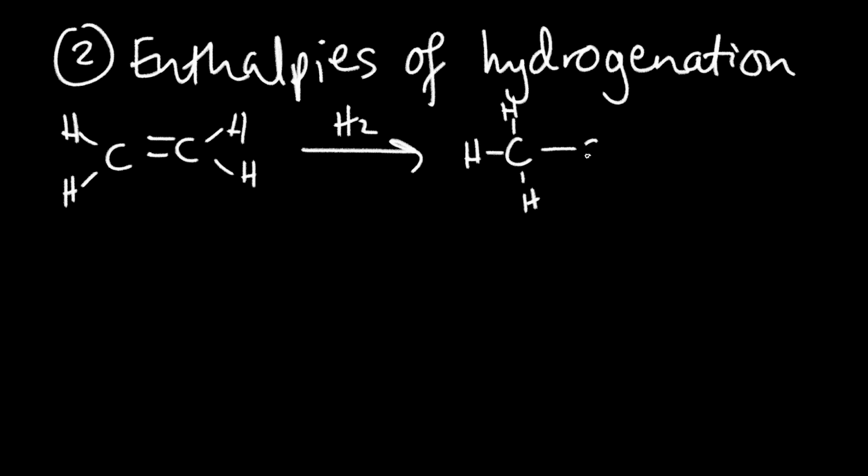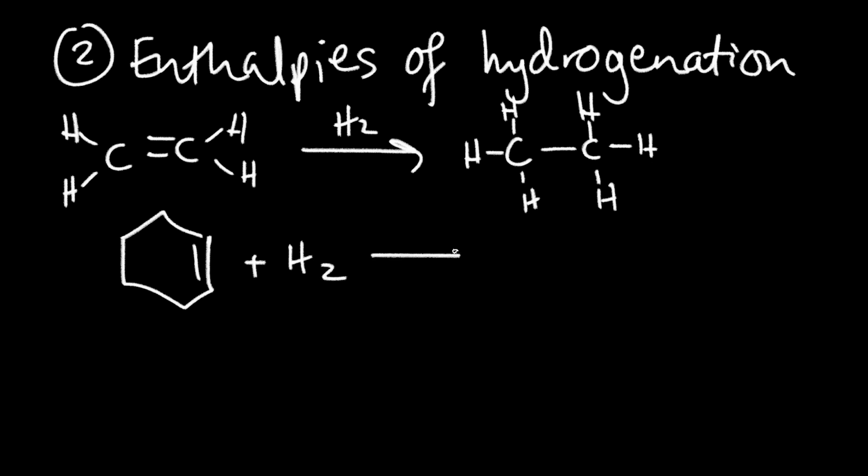So this is ethane. And similarly, we can take a molecule of cyclohexene, add hydrogen across the double bond to turn it into cyclohexane, and there will be a certain enthalpy change associated with this reaction, in this case minus 120 kilojoules per mole.